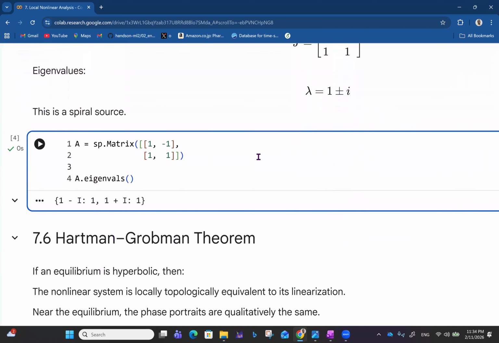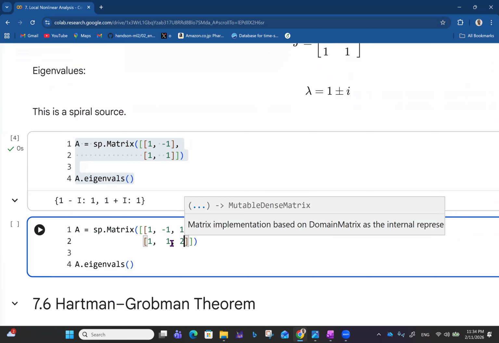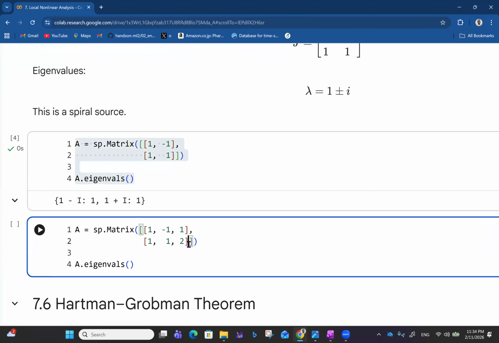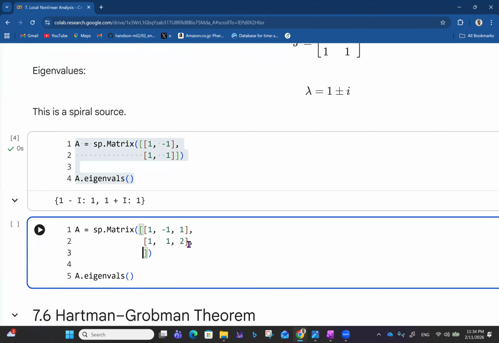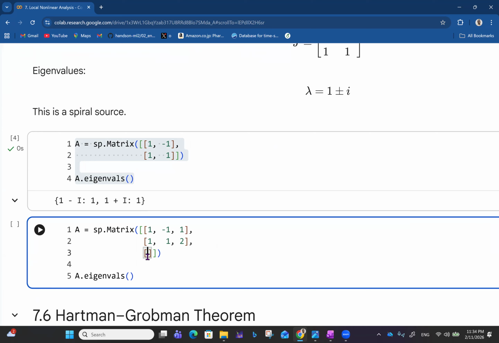Okay, let me use this idea now to input another kind of matrix. Maybe I make a 3 by 3 matrix. So let's say this is now 1, minus 1, 1, then minus 1, 1, 1, then 1, 1, 2, and then I say 2, 0, minus 2.